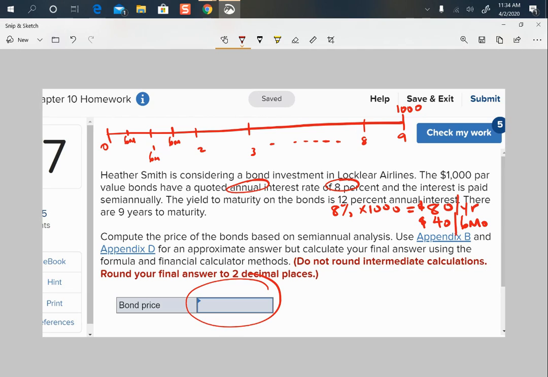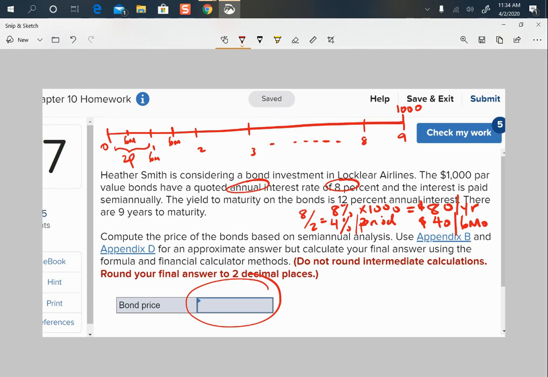The other alternative will be you take a half of 8 because you have 2 periods per year. So in 1 year, you basically have 2 periods. So you'll take the 8% divided by 2, and that gives you 4% per period.